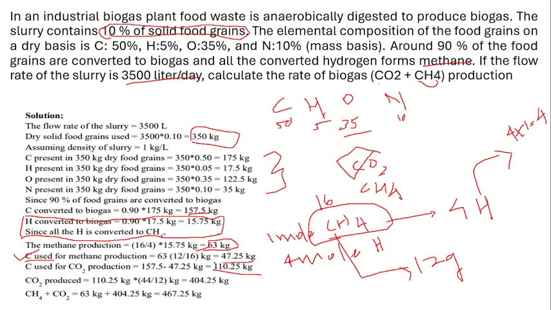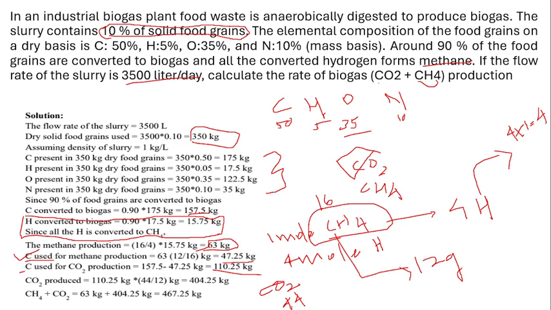So now we know how much carbon is used for CO2 production. We have to find the amount of carbon dioxide produced with the help of the carbon. The same stoichiometric balance is used. The molecular weight of CO2 is 44.